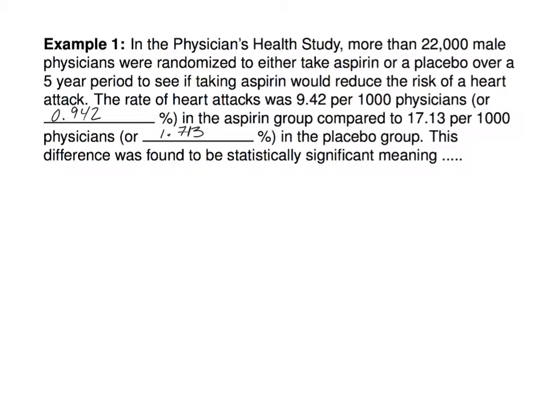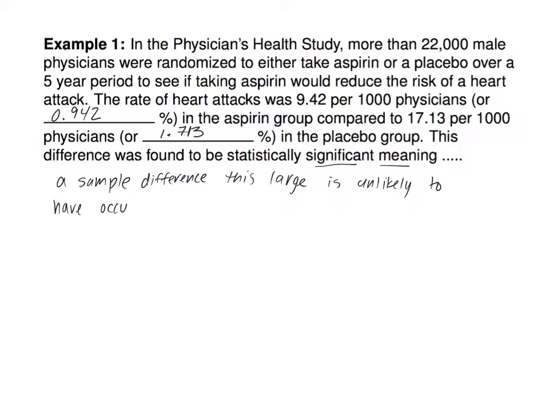So this is called statistically significant, and it means that a sample difference this large is unlikely to have occurred by chance if there is no difference between the groups.